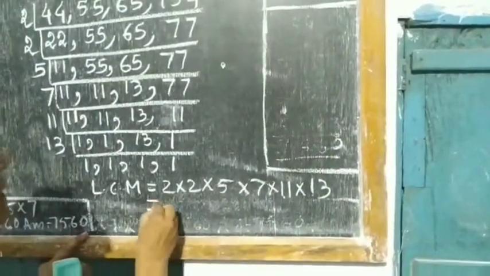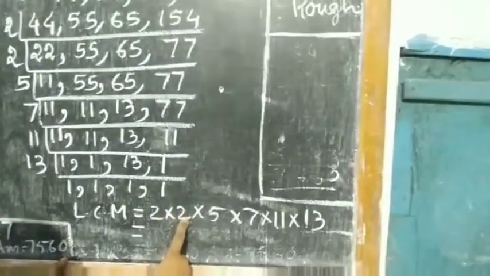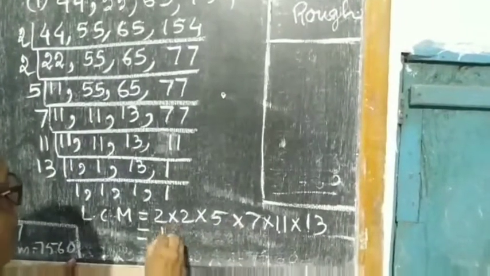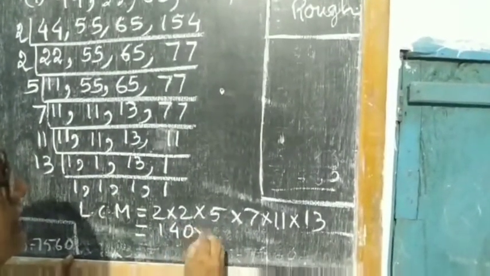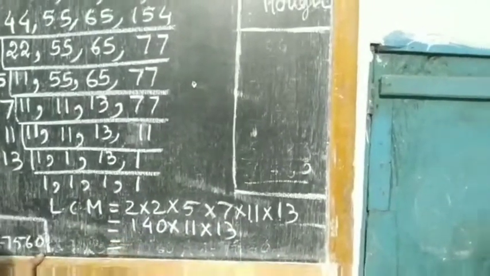So how much are we getting? 2 twos are 4, 4 fives are 20, 20 sevens are 140, into 11 into 13.